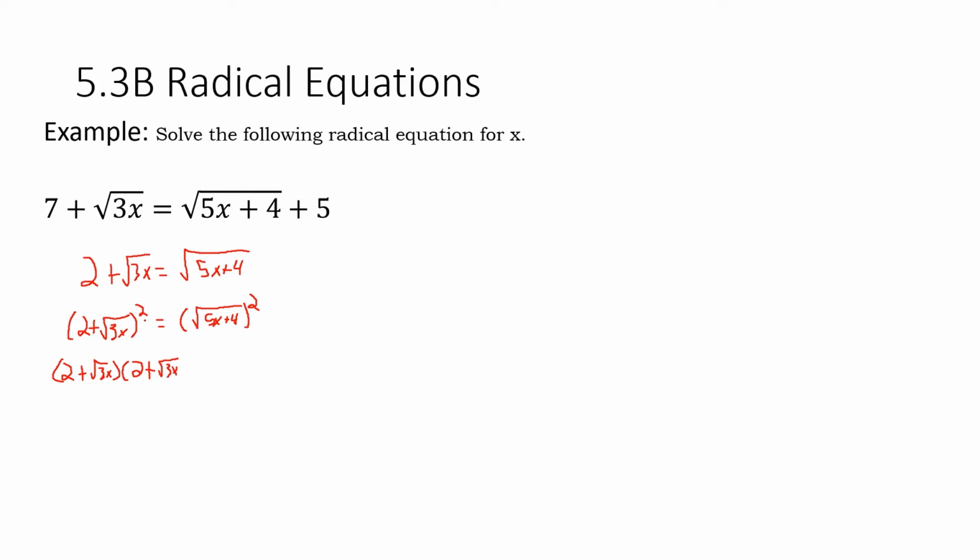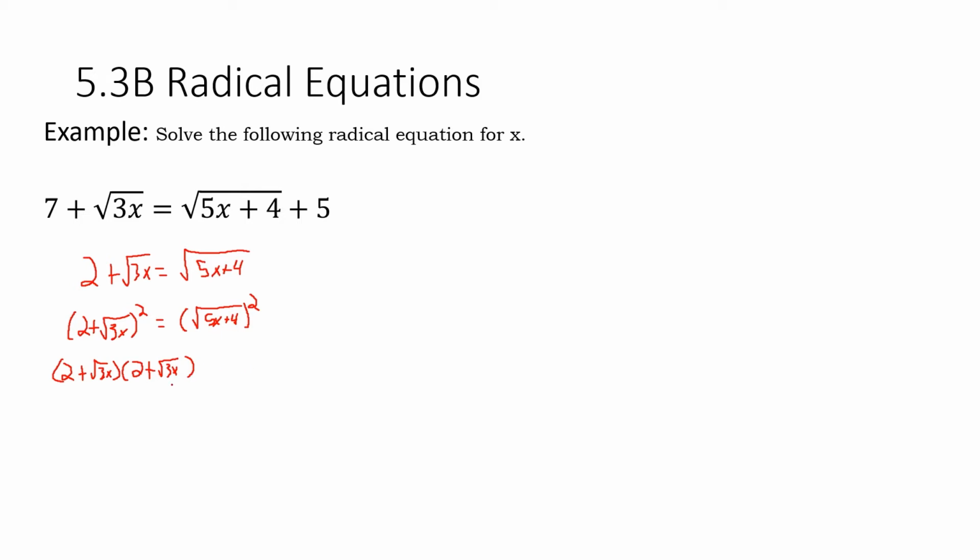Remember, when you're squaring a number, you can't just put in the square for each of them. This doesn't turn into 4 plus 3x, because you're squaring this whole side, not just the individual terms. So you end up with these two binomials that you'll need to distribute into each other.